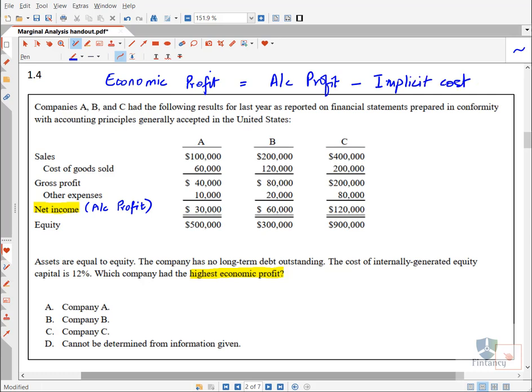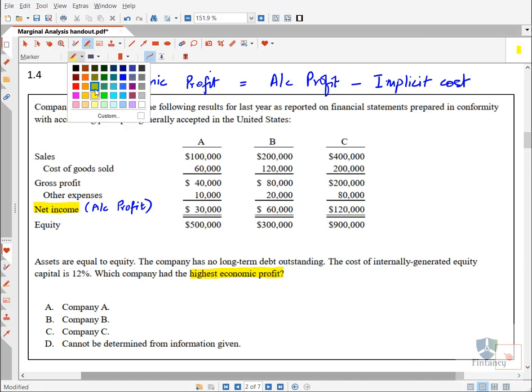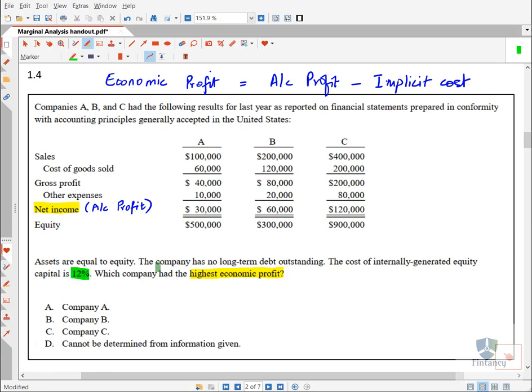I am again reminding you, that can be called imputed interest, the cost of capital, the minimum return. That is already given in the question. If you see here, how much? 12%. So this 12% you are going to multiply with these figures here, and whatever answer comes, you need to deduct from this accounting profit to reach the final answer.